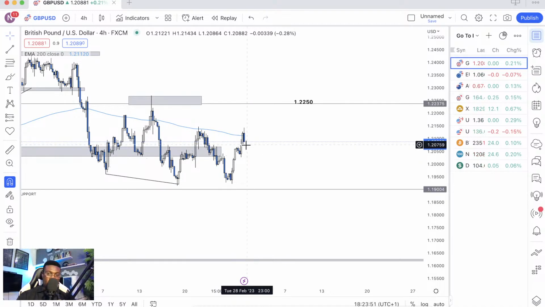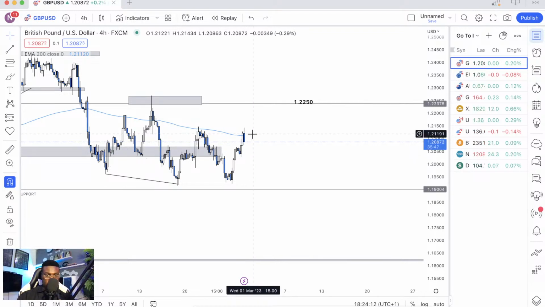I can't say for sure if this is going to get back down here. What you can do if you want to take advantage of this opportunity is to wait for this candlestick to close bearish. It has to close bearish, and it has to close below the 200 period moving average, and you have to see a follow-up candlestick with bearish momentum.